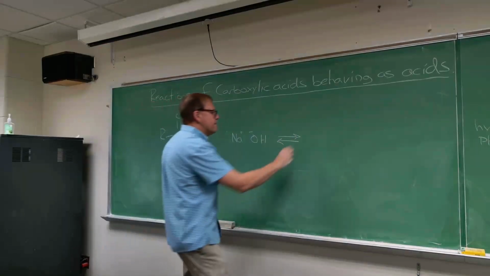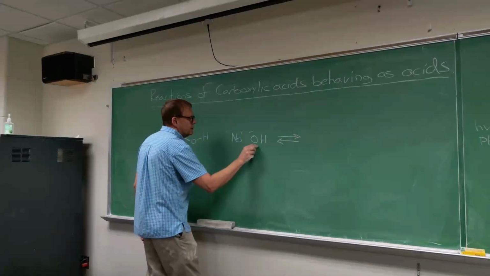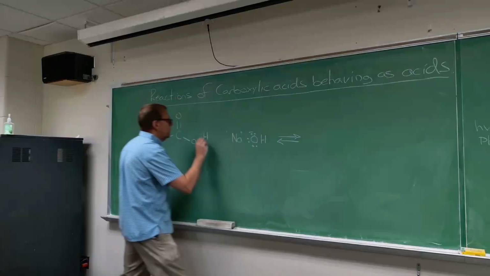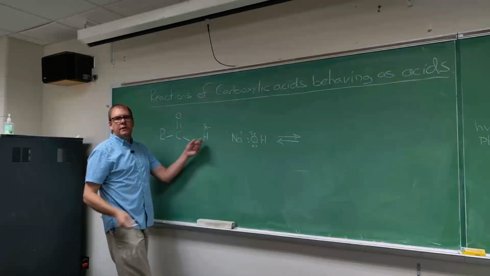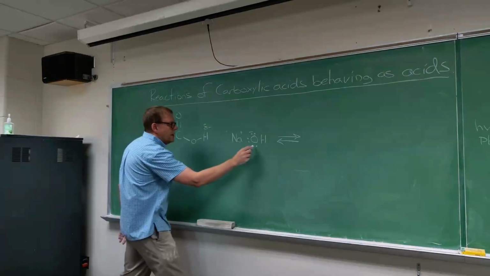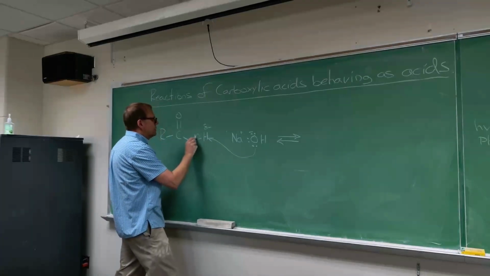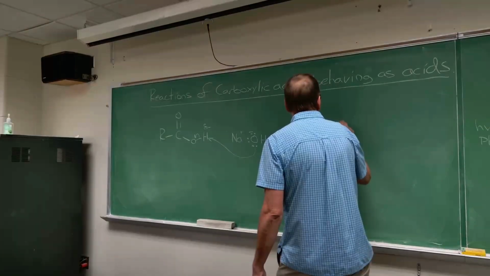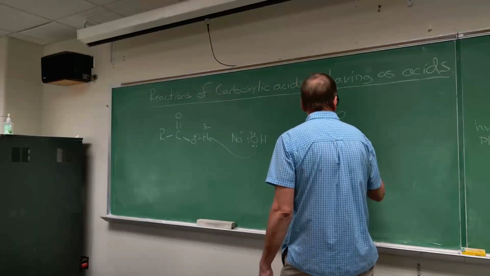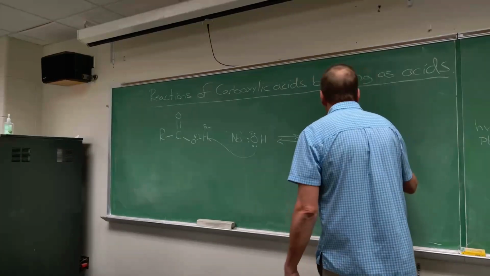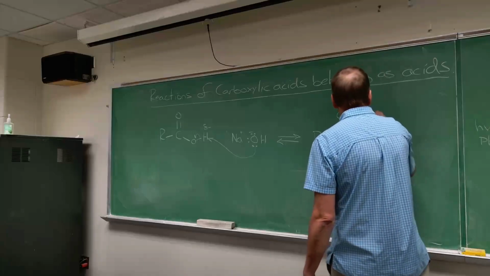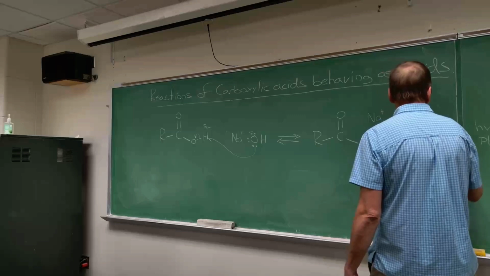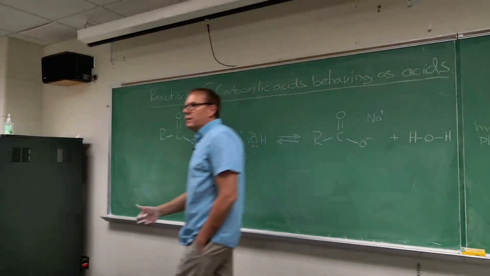When you have a base that's strong enough, in the presence of this carboxylic acid that has a partial positive on its H, the base comes along, grabs the proton, and then electrons go here, and you get a carboxylate. There's a sodium salt here, and then H2O. So this is an acid-base reaction.